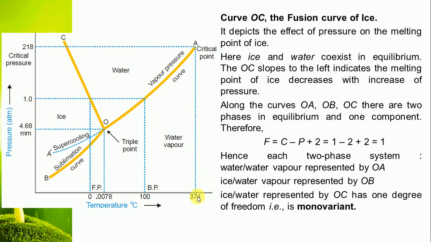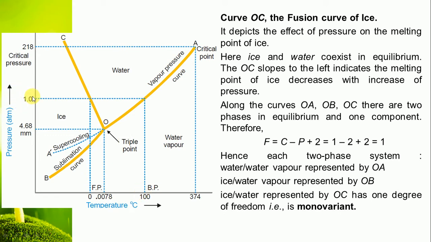If you set the temperature as 374 degrees Celsius, then you have to maintain 218 atmospheres. Conversely, if you want water and water vapor to coexist in dynamic equilibrium along this curve, you can change the pressure according to your own wish, but the temperature will be automatically fixed. For example, if you choose 1 atmosphere of pressure, then you have to maintain a temperature of 100 degrees Celsius.